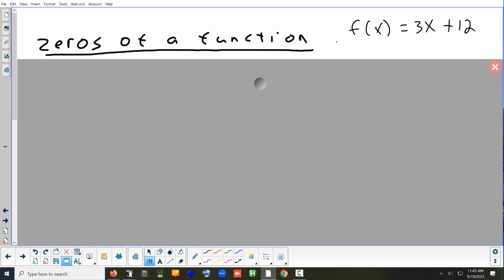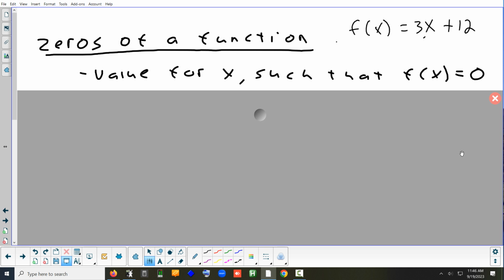Not negative 3, because if you plug that in, you'd get negative 9 plus 12, which would be 3. Negative 4? Negative 4. If you plug in negative 4 for x, 3 times negative 4 is negative 12, plus 12 is 0. So negative 4 is called the 0 of the function. It's a number you can plug in that gives you 0 as the answer.